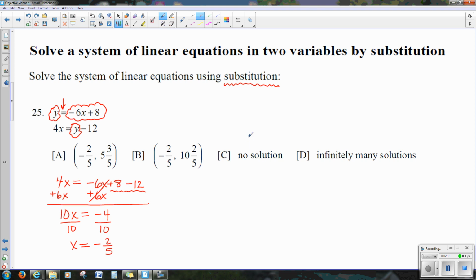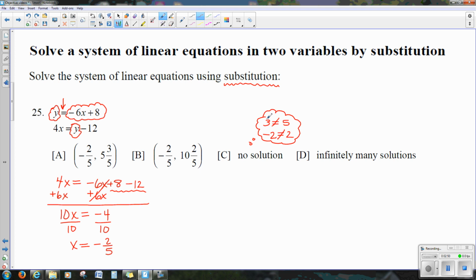If we look at choice C, it says no solution. And remember, we have one example of no solution. When you do the algebra and you get down here, you're going to get something that's not true. So maybe you'll end up with 3 equals 5, which is clearly not true, or negative 2 equals positive 2, which is not true.